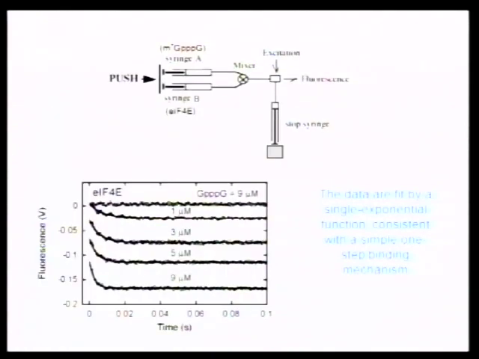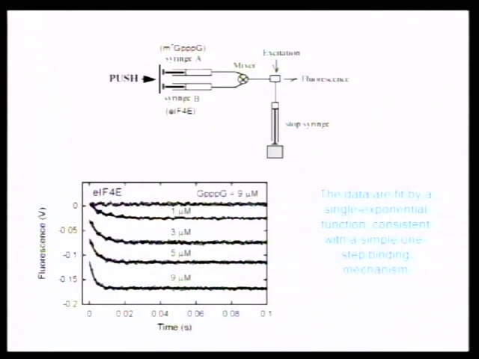So we can use this in a stop flow setup where we have a cap analog in one syringe and 4E in another, and then follow the kinetics of quenching of fluorescence. So this gives us single exponential fits to the data, which indicates it's a simple one-step reaction.